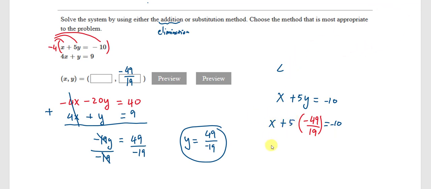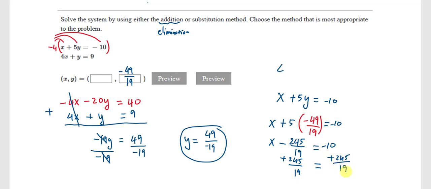Now you have to simplify it before you solve for x. So 5 multiplied, this is a minus, so you have minus here. 5 times 49 is 245 over 19 at the bottom, equal minus 10. So to solve for x, let me write this one, I have to add 245 over 19 on both sides, right?